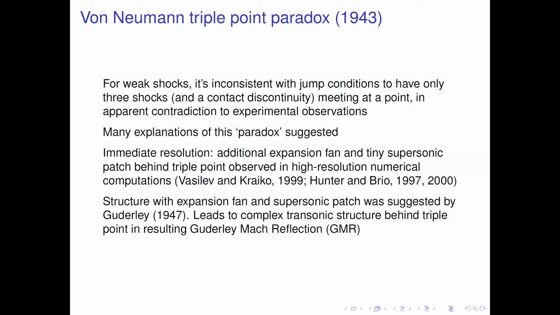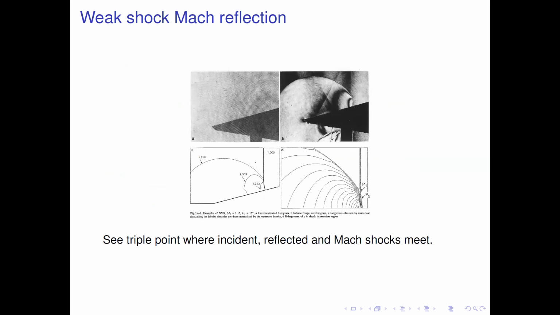Okay, so the issue is this: if you look at this triple point, you can either go across here and then across here, or you can go across here. So you either jump across the incident and reflected shock, or you jump across the Mach stem, and you find out that there's no state behind there that you can get both by jumping across here or by jumping across here, even if you include a contact discontinuity.